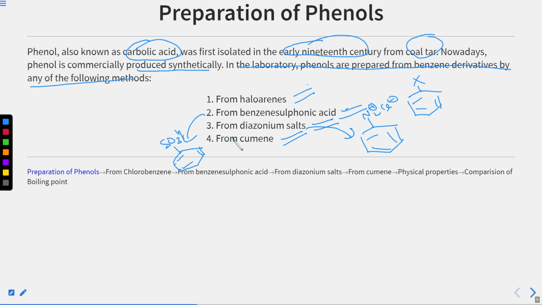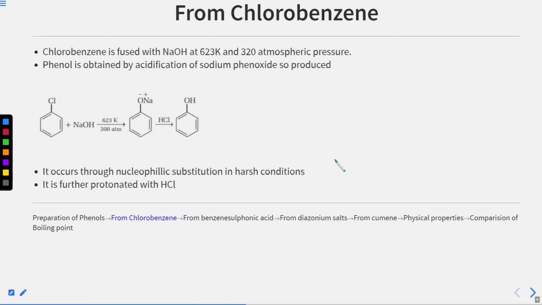And the structure of cumene, we will see it later, but let me make just a picture of it. So it looks like this. So this is cumene. Here H is attached and the other two groups are methyl.